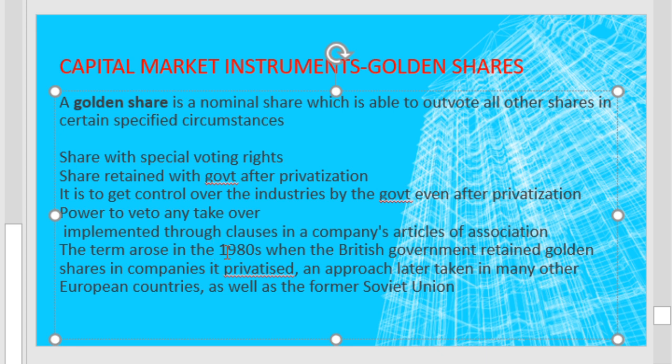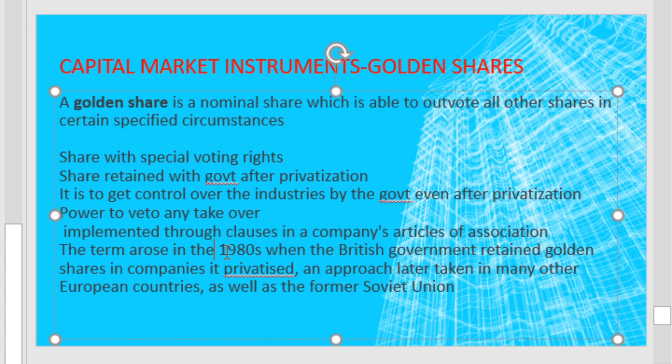These are issued to retain the power of the government after privatization. They are issued in the case of strategic industries, to get control over the industries by the government even after privatization.